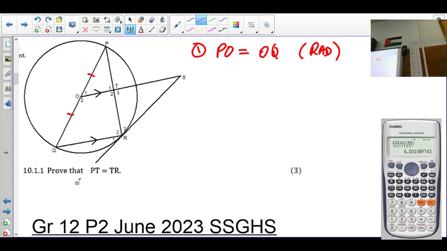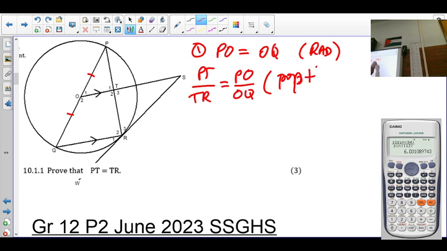Alright. So if I'm going to go with the proportionality theorem, then I'm going to say that PT over TR is equal to PO over OQ. Why? Because of the proportionality theorem. And very important to say that OT is parallel to QR.